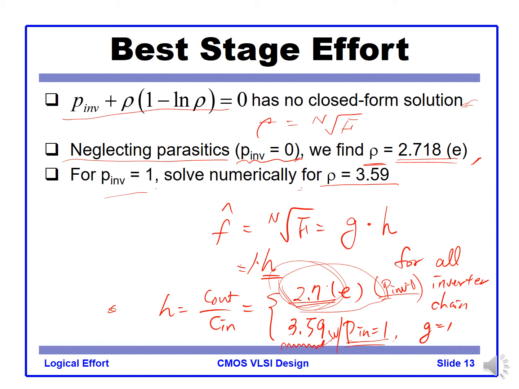So as a rule of thumb, a fan out of 3 is between those two cases, right? So as a rule of thumb, a fan out of 3 is a starting point for designing your inverter chain for minimum path delay. Okay.